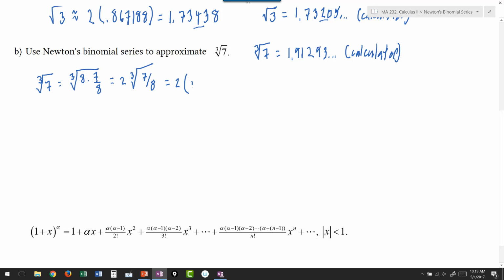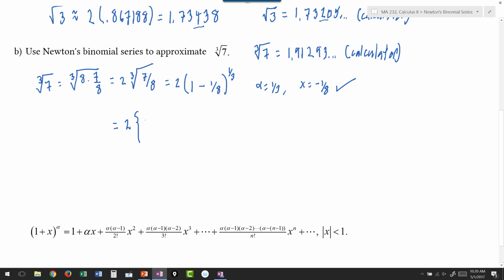And that I can write as 1 minus 1/8 all to the 1/3. So my alpha is 1/3, my x is minus 1/8, and in absolute value that's certainly less than 1, so we're good to go. We can use Newton's binomial series here. So I get this is equal to 2, and now I replace the 1 minus 1/8 to the 1/3 with the series expression.